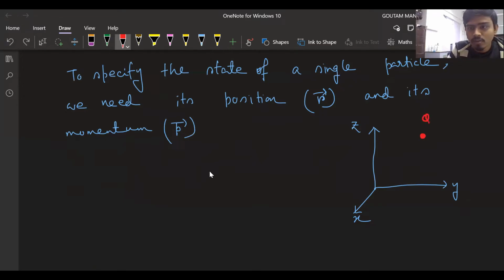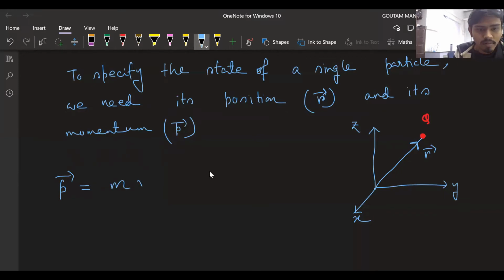So at point Q, this is the r vector, which denotes the position of the particle. Now, momentum is defined by the mass of the particle times the velocity of the particle.